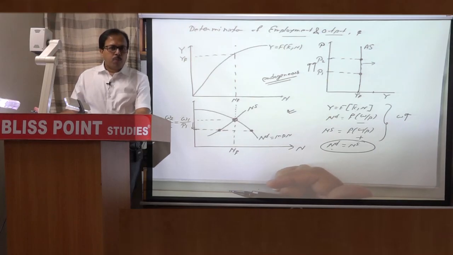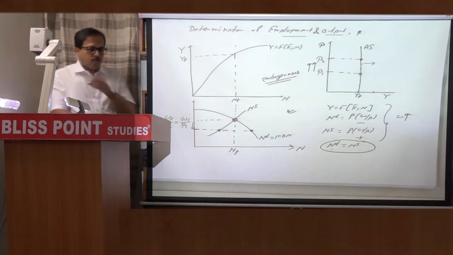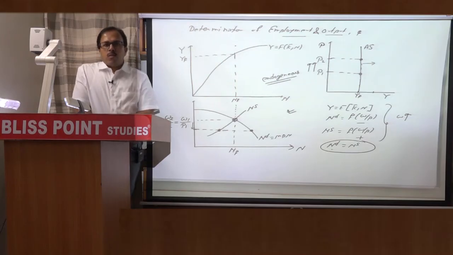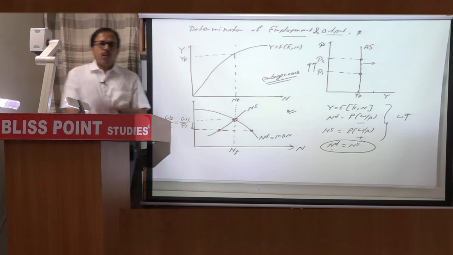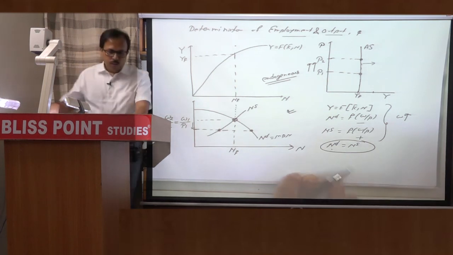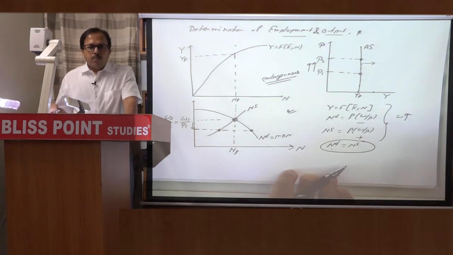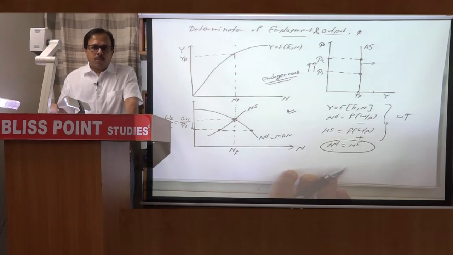in the same proportion, so that the real wage remains the same, and full employment and output remain at the same position or same level.